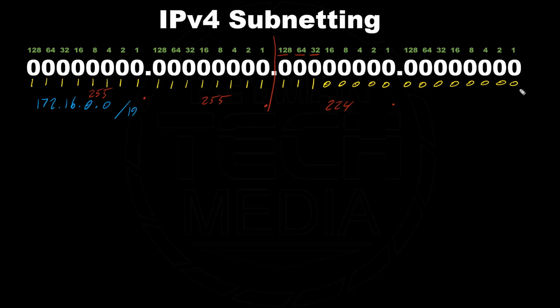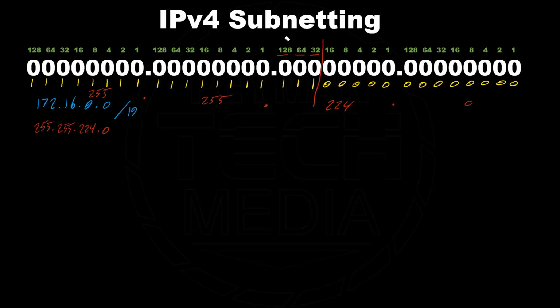And here all 8 bits are turned off, so that's 0. So this /19 gives us 255.255.224.0. Therefore, the cut line, originally here in the default subnet mask, moved to the right. Now it's here. So let's erase this one.